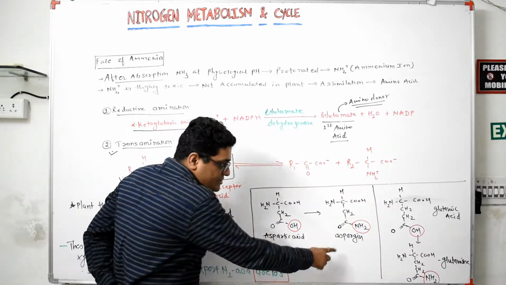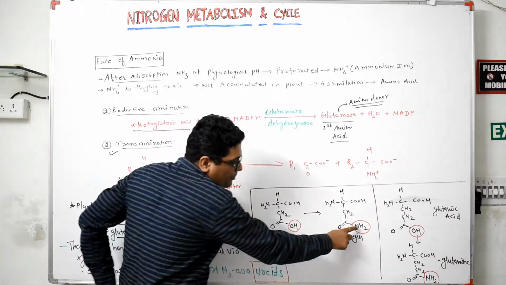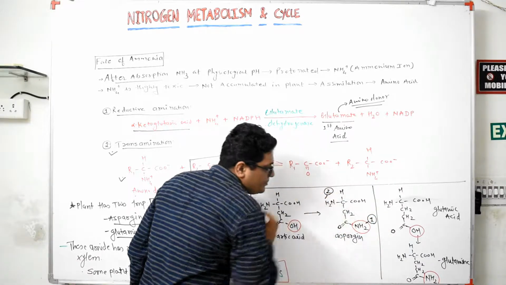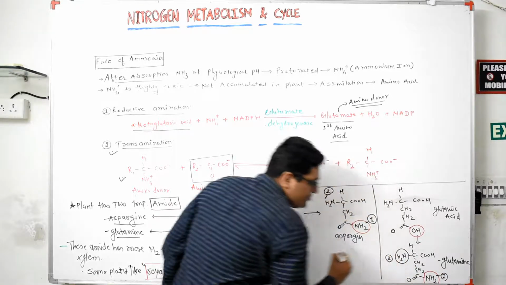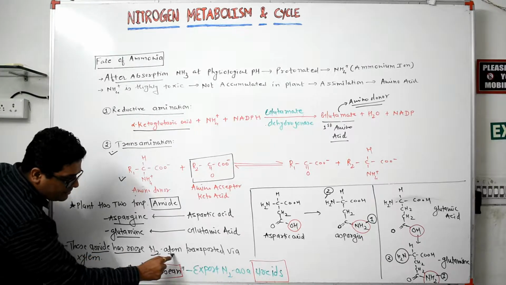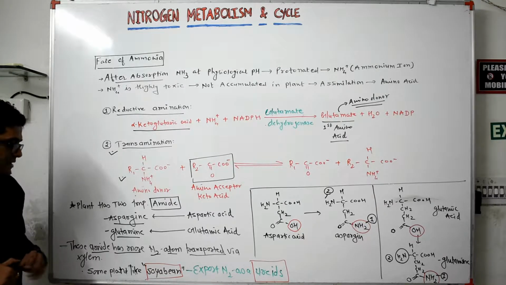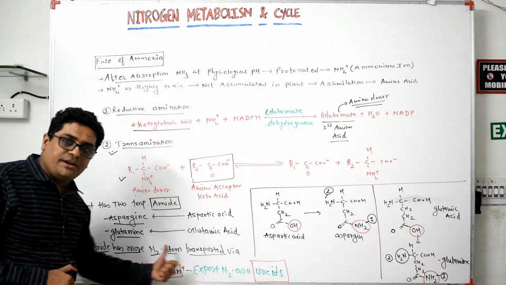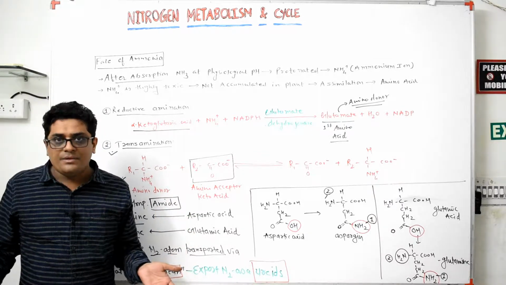So this asparagine and glutamine both have two amino groups. This is the one amino group and this is the second amino group. So an amide has more nitrogen atoms than the normal amino acid, and this amide gets transported via xylem from one part of the plant to another part of the plant.